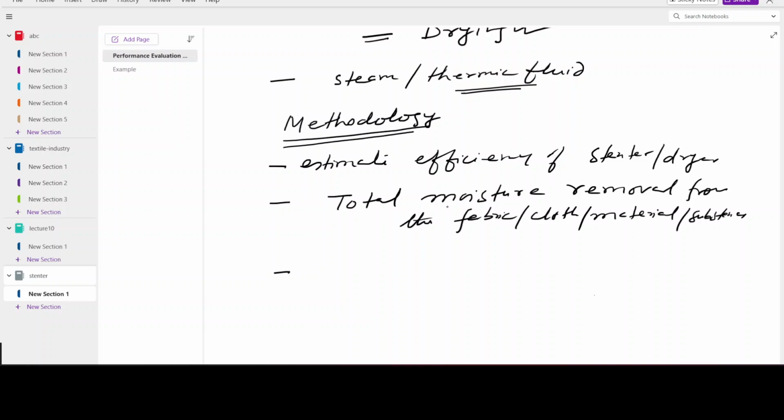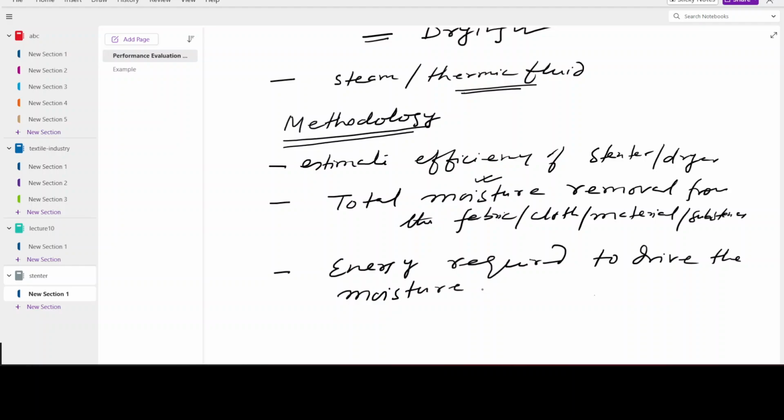First and the foremost task is to know in this process how much moisture will be removed from the fabric, and energy required to drive the moisture will be, we will have to find out this, and this is also known as useful energy spent in the dryer.